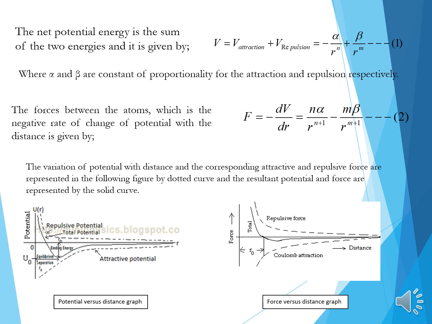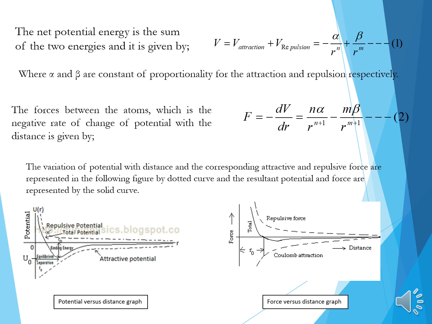the rate of change of potential with the distance, is given by, you know that F is equal to minus dV by dx. So here F is equal to minus dV by dr, that can be equal to n alpha divided by r to the power of n plus 1 minus m beta divided by r to the power of m plus 1.